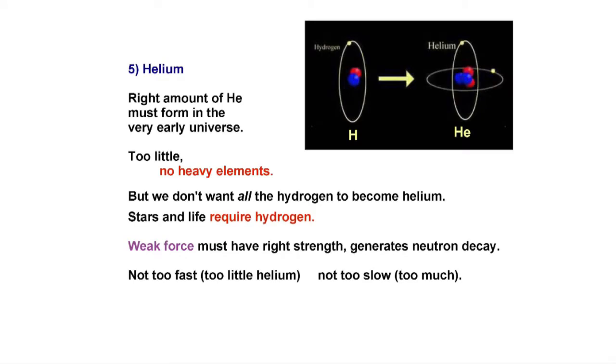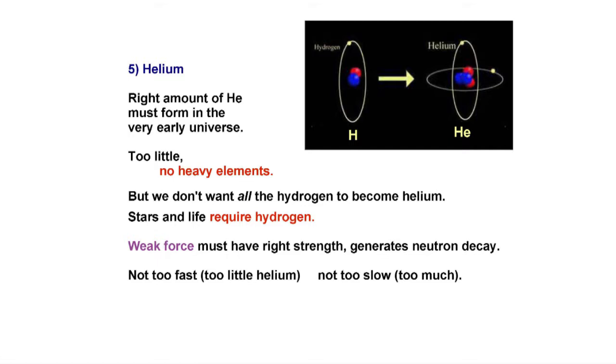Helium, we've got to have some of that. Here's hydrogen forming into helium. Two hydrogens can come together. Got to have the right amount, not too much, otherwise we wouldn't be here. We need hydrogen. Too little. Anyway, everything requires enough hydrogen, and that has to do with the decay of neutrons that exist.